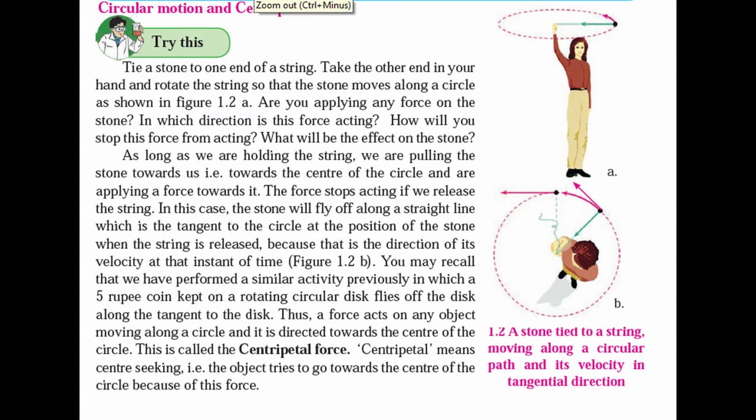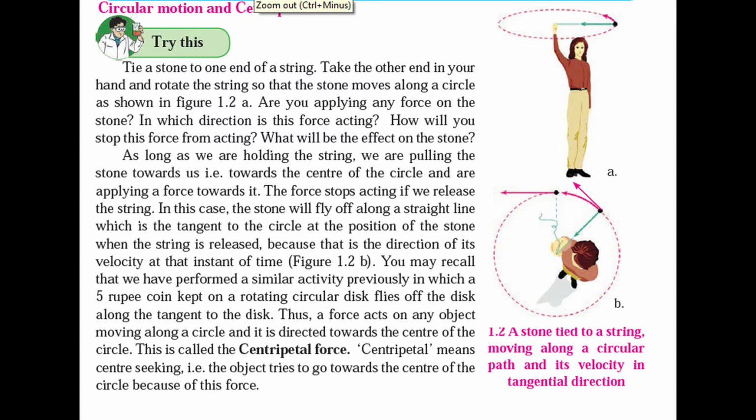In this case, the stone will fly off along the straight line which is the tangent to the circle at the position of the stone when the string is released, because that is the direction of its velocity at that instant of time. Now look at figure 1.2b, the lower one. If the string is released, the stone will move in the direction of the straight arrow, which is tangential to the circle.